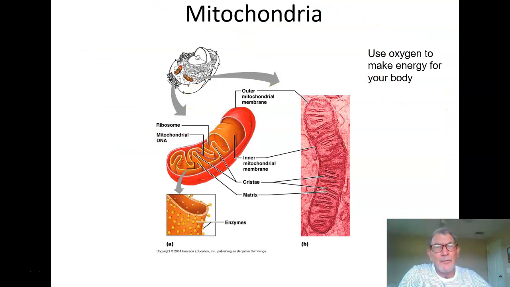The first of the organelles are your mitochondria. If you know what a paramecium looks like, it's a single-celled animal. The mitochondria looks like a single-celled animal. And in fact, it is, or was. There was a time when mitochondria didn't live inside anybody else. They were single-celled animals.